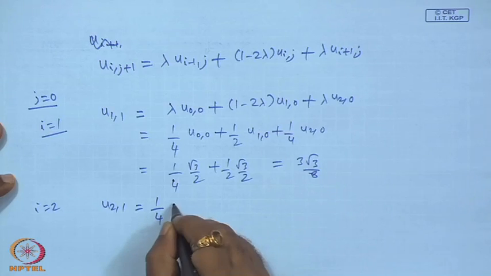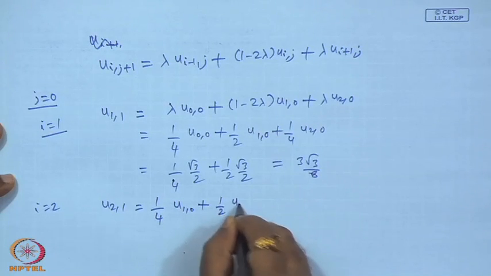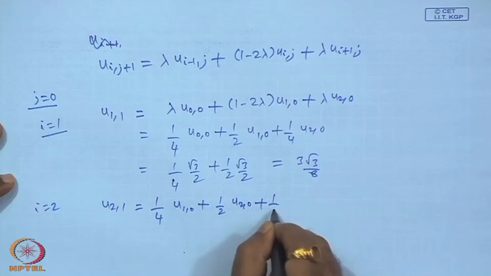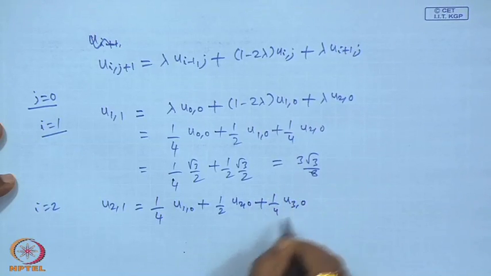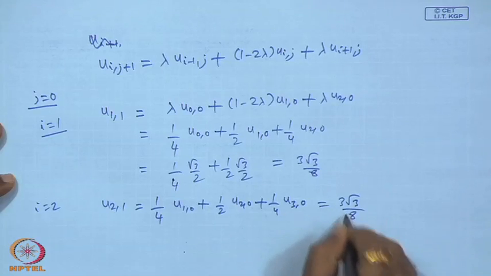So, this is 1 by 4 of u 1 0, u 2 0, u 3 0. So, this also you can compute.